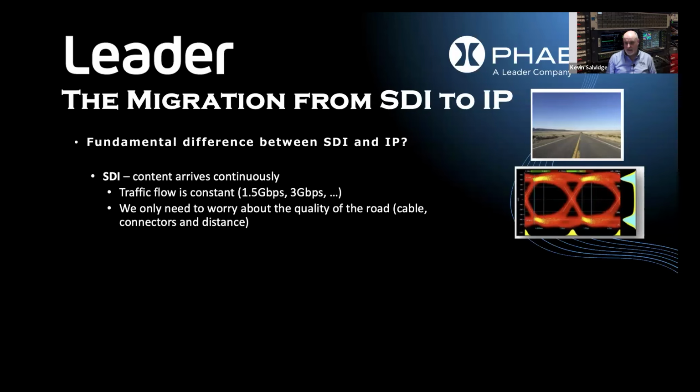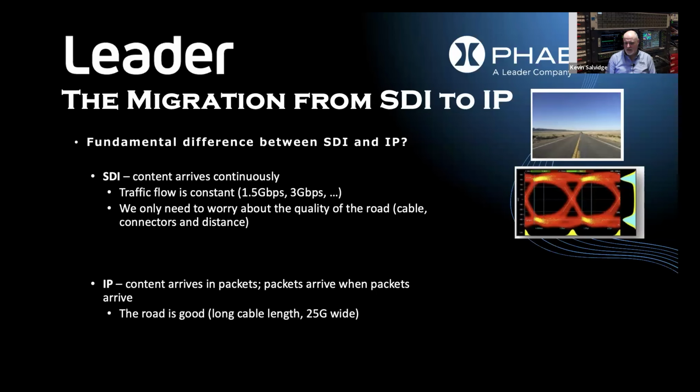So it's the cable, it's the connectors, it's the distance that we're putting these signals over. And that's where tools like eye pattern and jitter measurement have become synonymous with the chief engineer when he's looking at signal quality within a facility. But when we move to IP, Steve, things change, don't they? They most certainly do, Kevin.